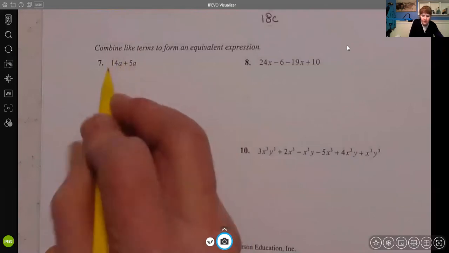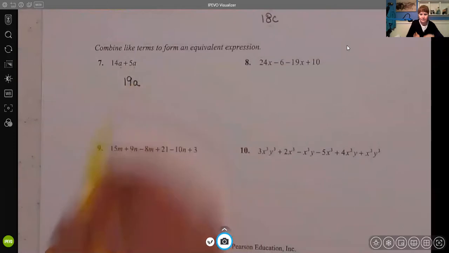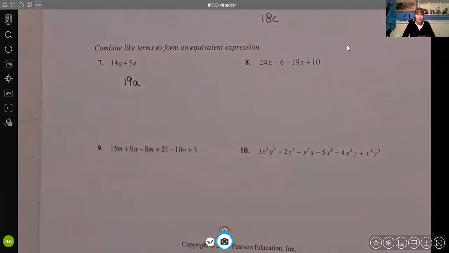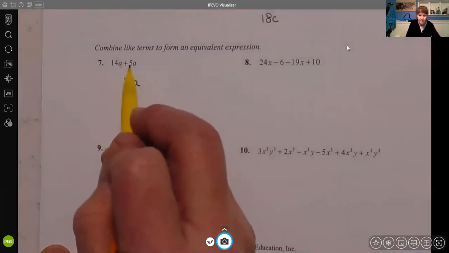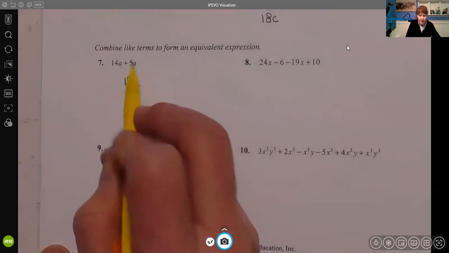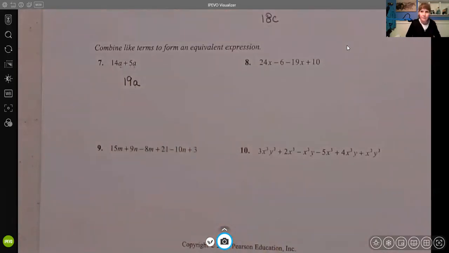So you actually have 19a. Okay, 19a is the answer. These are equivalent expressions. If you were to put a 1 in for the a, 14 times 1 plus 5 times 1 would be the same as 19 times 1. You would get the same value.